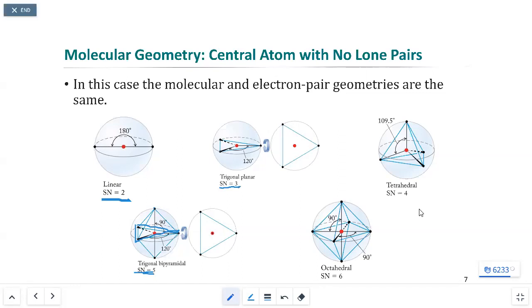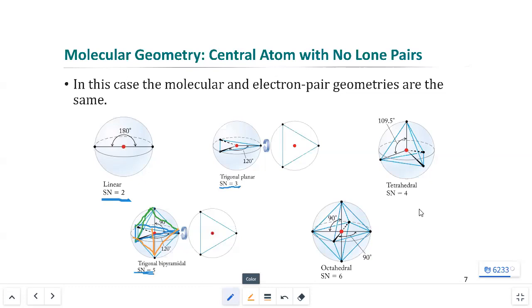The reason it's called bipyramidal there for steric number 5 is you can see that I have 2 different pyramids that I can form off of that triangular shape base, one going up and one going down.